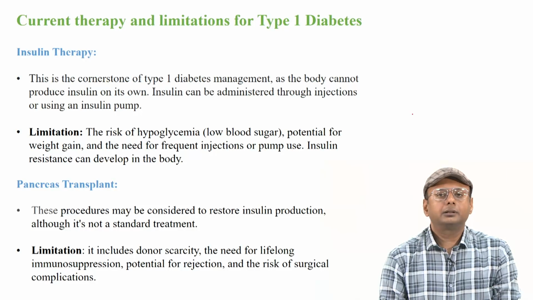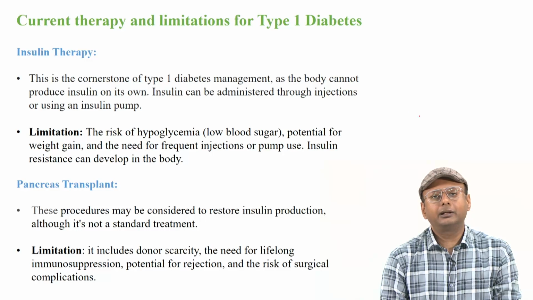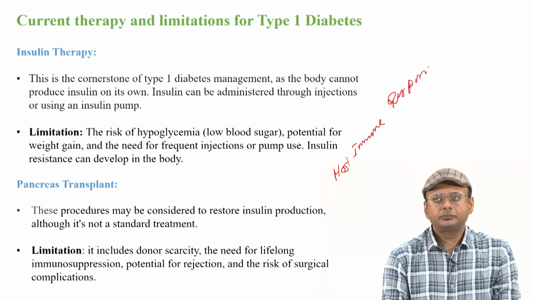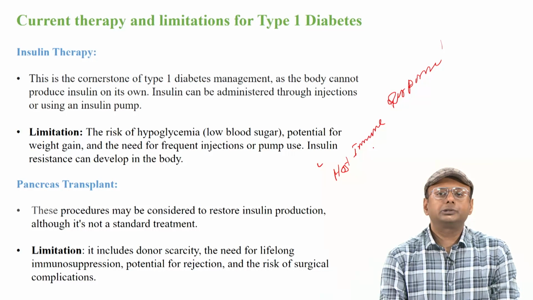Apart from that, there is a risk of organ rejection by the host immune response. So I will just introduce this term here, the host immune response, which is basically the immune response towards any foreign object, in this case the transplanted pancreas.